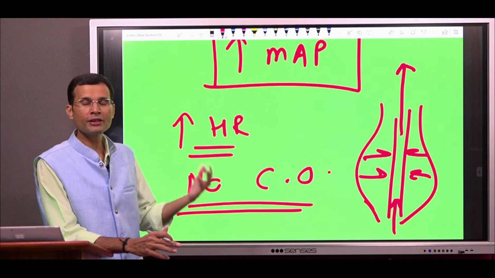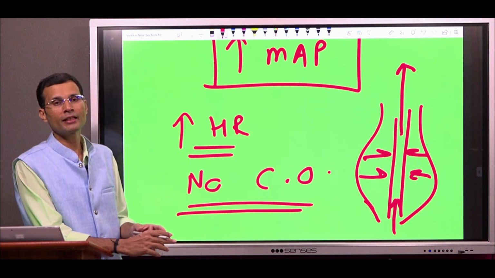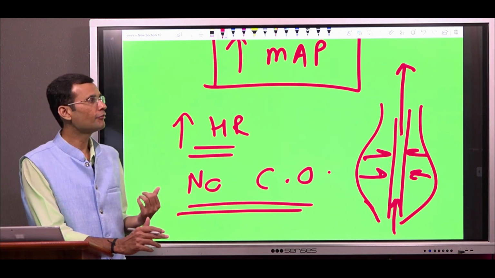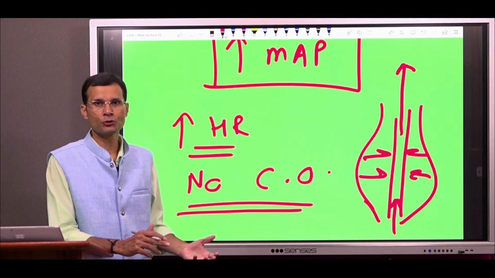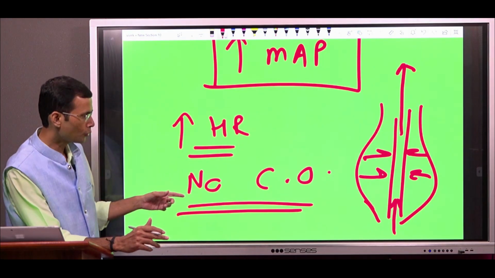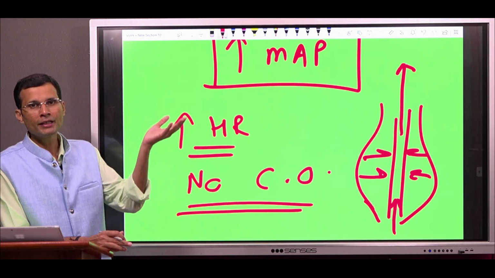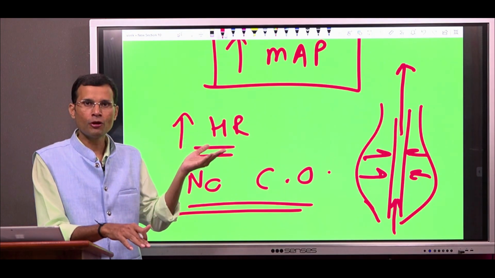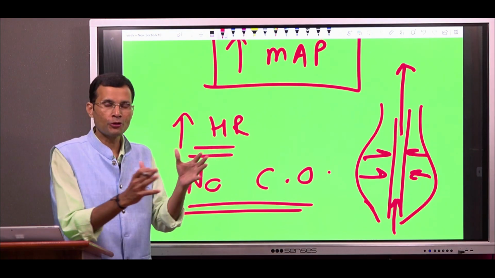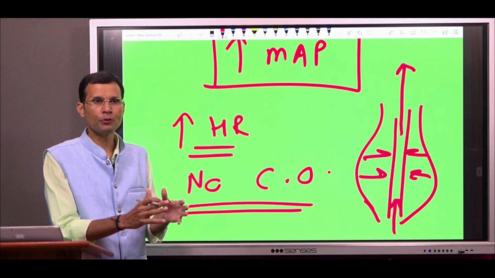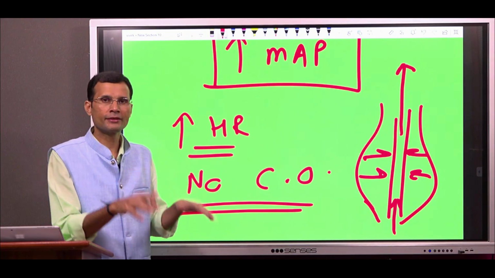And if the venous return decreases, you know the Frank-Starling law, less the venous return, less would be the stroke volume. So, heart rate might increase, but stroke volume might fall, and therefore the product of these two, that is cardiac output, will remain more or less stagnant.